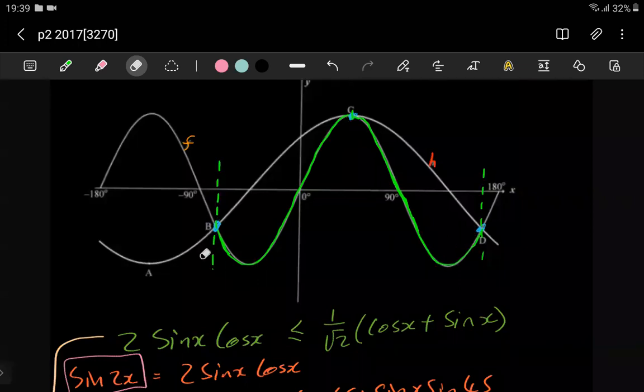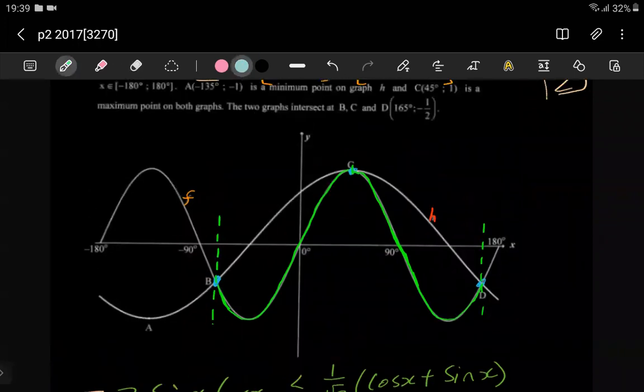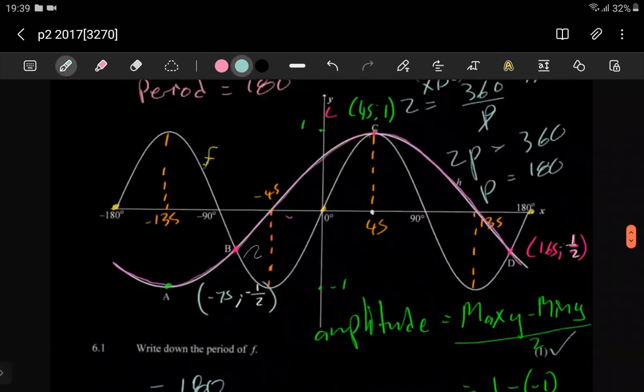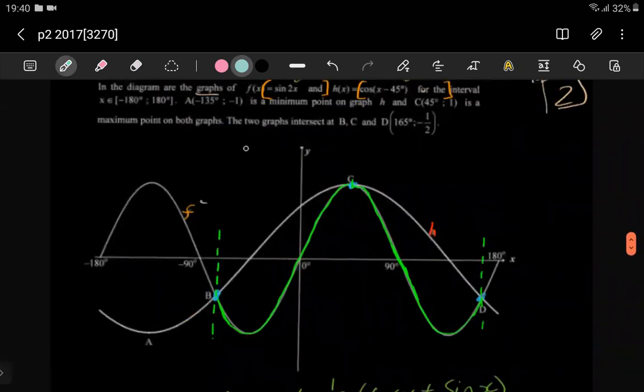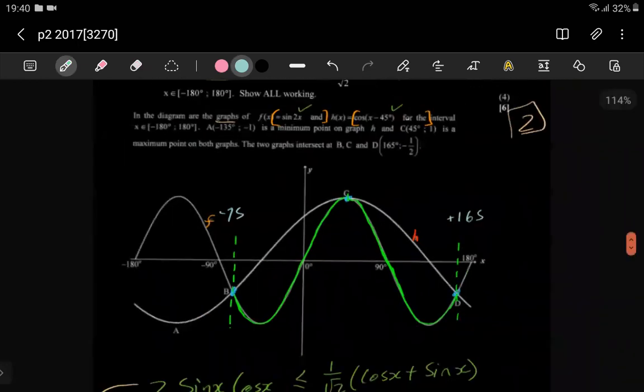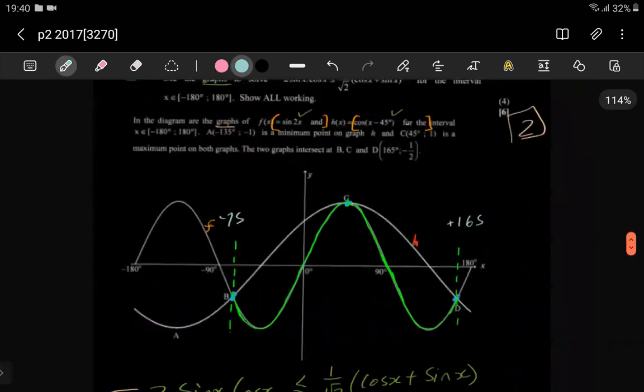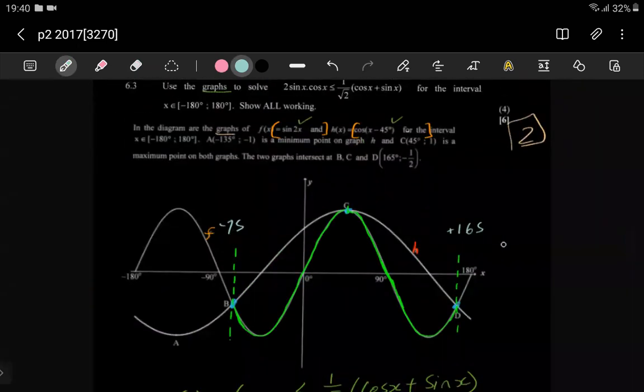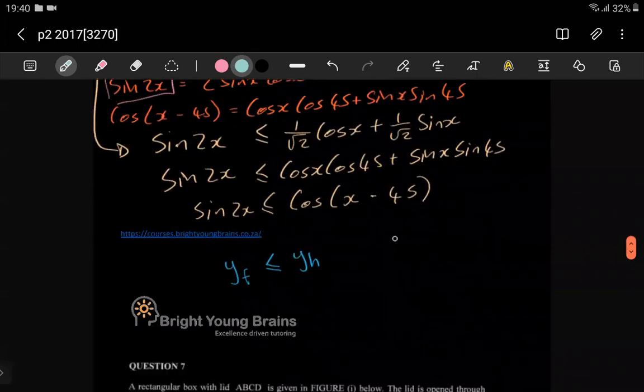We're seeing it's from this x value here, which we know from our mini sketches, we got to be -75. So let's put here -75. This x value here, we got to be positive 165. What we're concerned with is just the x values. So for this question, the answer is from this x value to this x value, meaning we can say x is an element of [-75; 165].